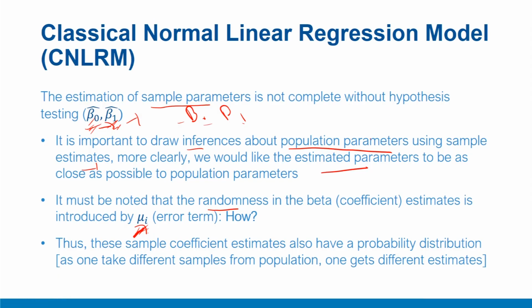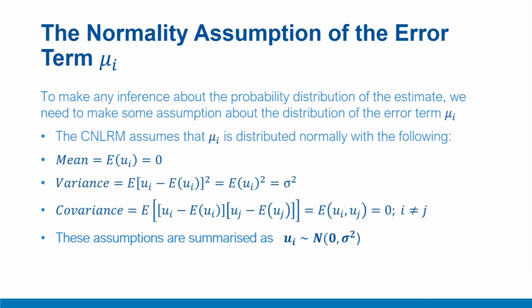Therefore, if you want to make any inference about beta naught hat and beta 1 hat, you need to know their distribution, which is essentially the distribution of the error term itself, because this is the one causing randomness in beta naught hat and beta 1 hat.